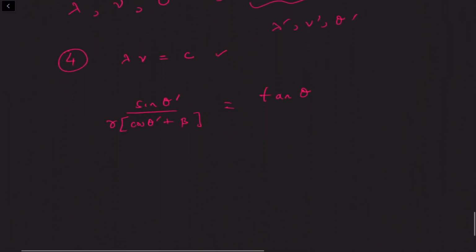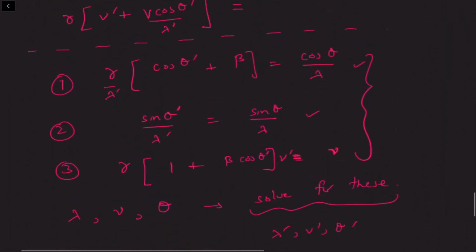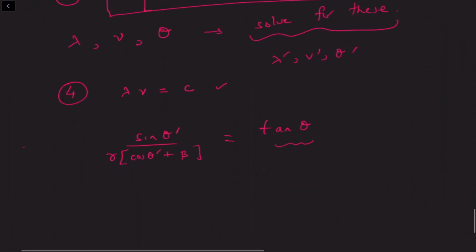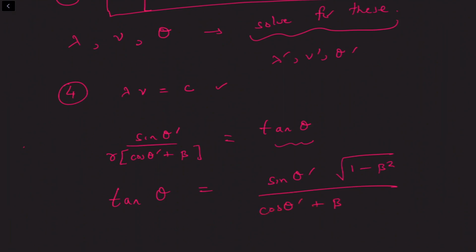Okay. And the last equation tells us nu in terms of nu prime. So this is an equation which solves for theta. Okay, so this is the solution for theta, or tan theta is equal to sine theta prime square root of 1 minus beta square over cosine theta prime plus beta, where I've just used gamma is 1 over the square root of 1 minus v square by c square.